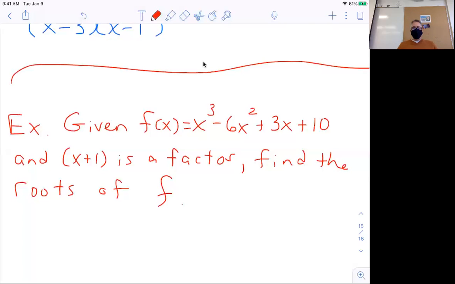Little different wording, but we're going to solve the problem the exact same way. We're going to write it in factored form, and then the roots are just the opposites of factors.